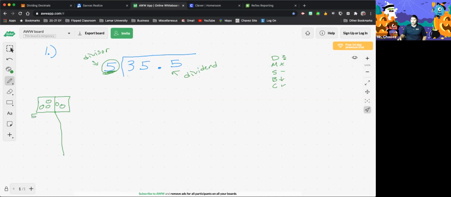Here's 5 times 1 is 5. 5 times 2 is 10. This is how you use the dots in case you forgot. If I don't know what 5 times 3 is, I take 10 and add these dots, which is 5. 10 plus 5 is 15.